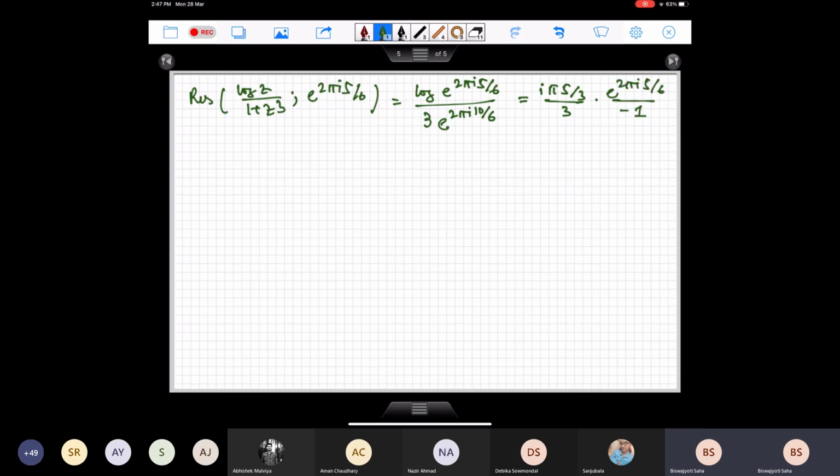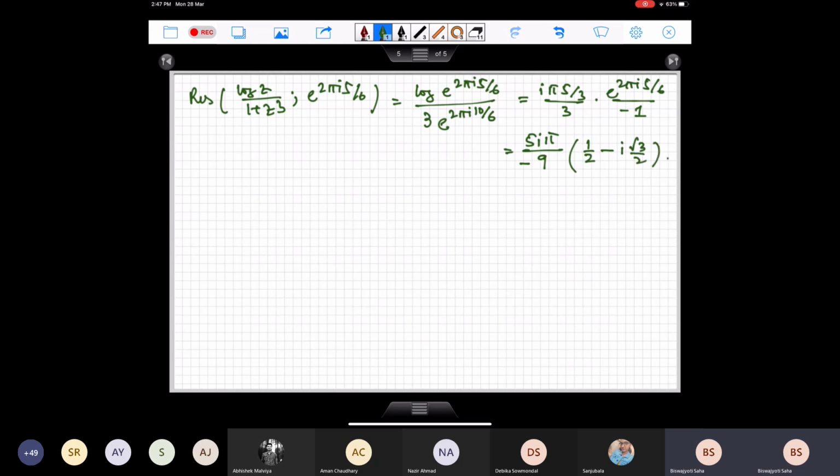And I have a minus 1 over here. So that's 5 I pi divided by 9, and then I have cos 5 pi by 3 plus I sine 5 pi by 3, and that is bigger than, so cos will be positive over there, so half minus I root 3 by 2.